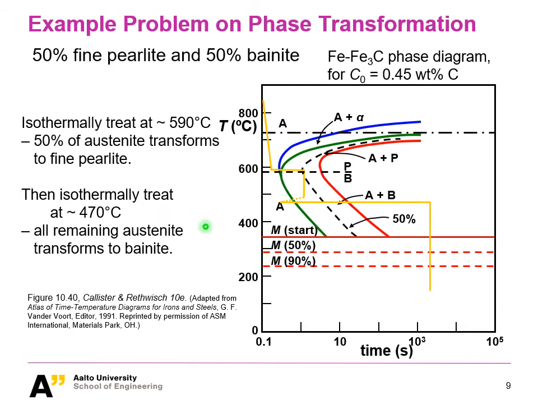Via this explanation, I'm trying to guide you on how to read this type of curve. Basically, this shows we're starting from a completely austenite phase, and we're directly cooling down to a rather low temperature. That means we will have a very high cooling rate. So what does a high cooling rate mean? It means we're going to have a lot of nucleation points, right?